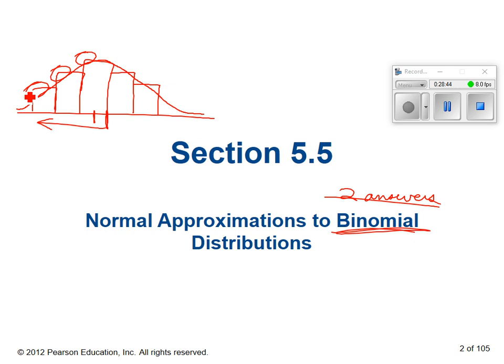Because at the start of the last chapter, we talked about discrete. Anybody remember the other word? Continuous. Discrete and continuous. A binomial distribution is discrete.